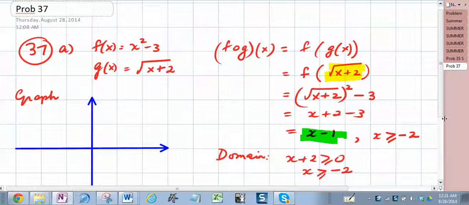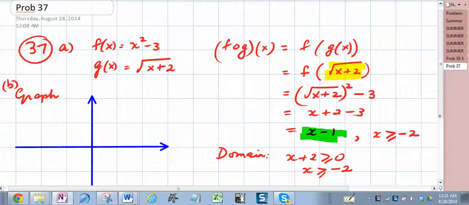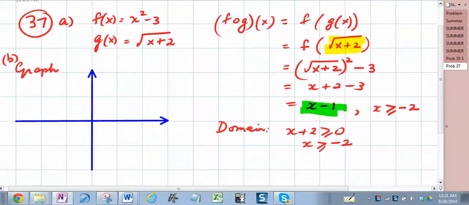And that means when we do part B, the graph of this, I have to be careful. I'm going to create the graph of x minus 1 as a dotted line, and then I'm only going to select the portion that corresponds to x greater than or equal to negative 2.